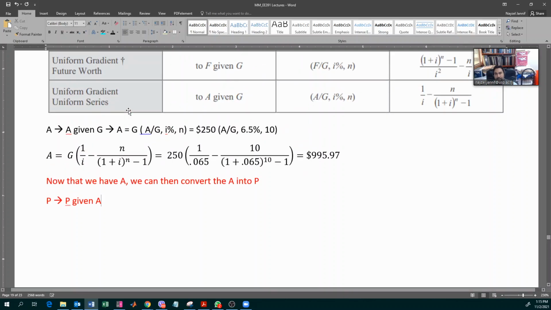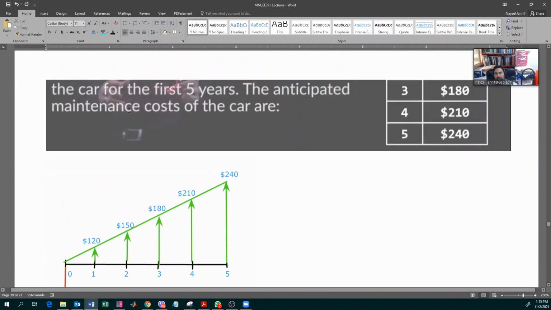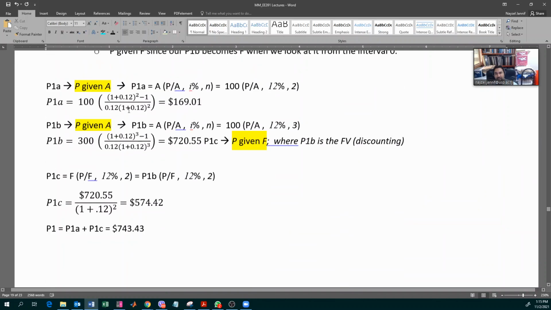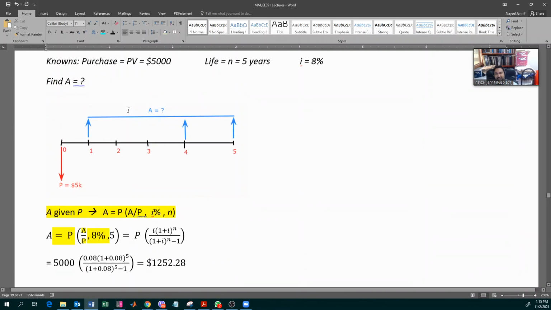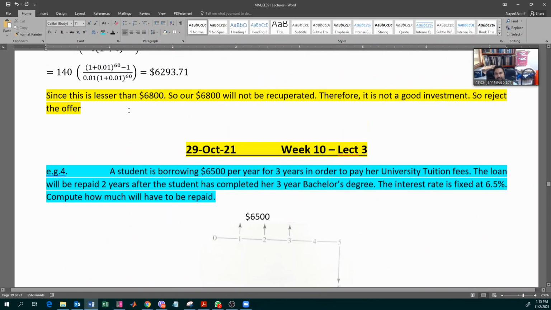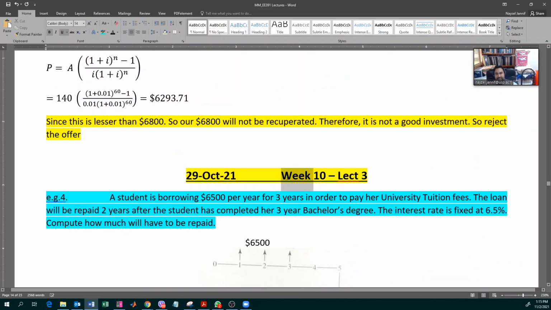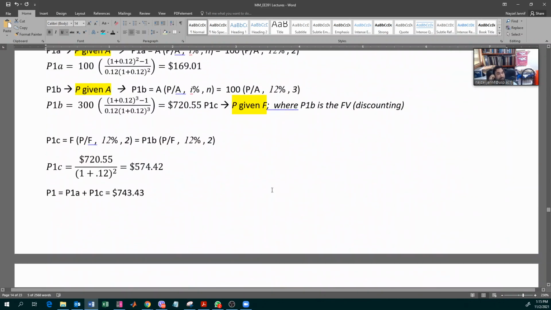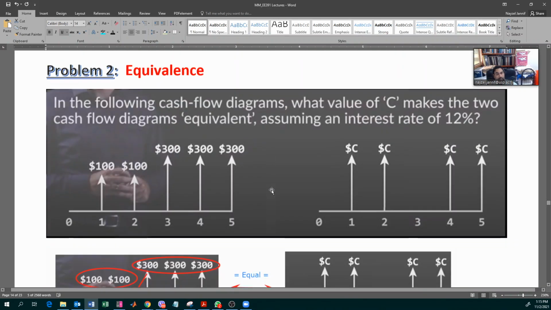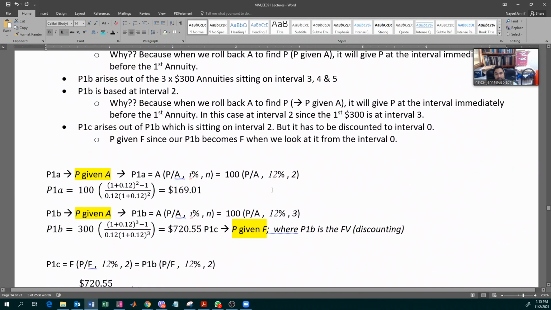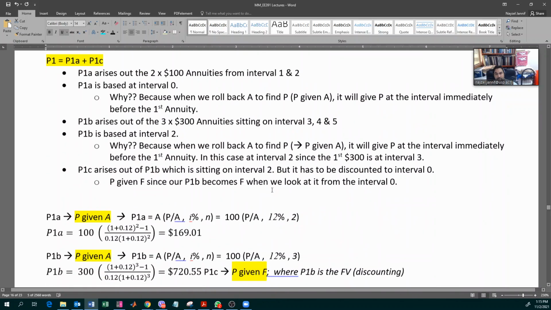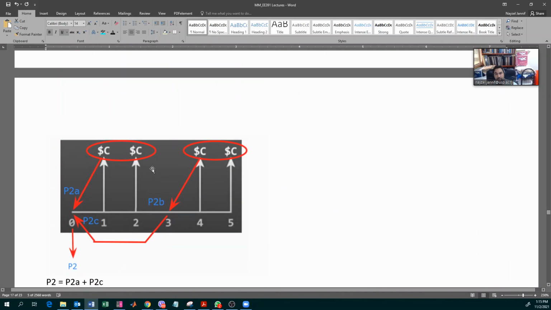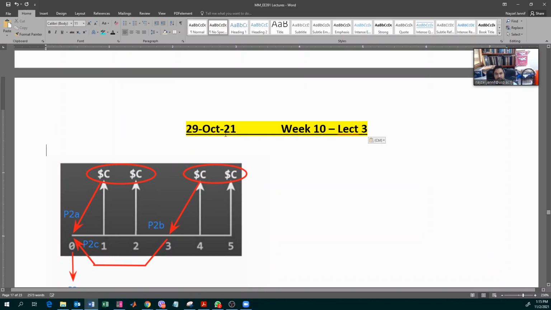By the way, I've forgotten something over here. I should put today's date, and I think I forgot that yesterday as well. Let me just put this down. What was yesterday's date, guys? 1st November.